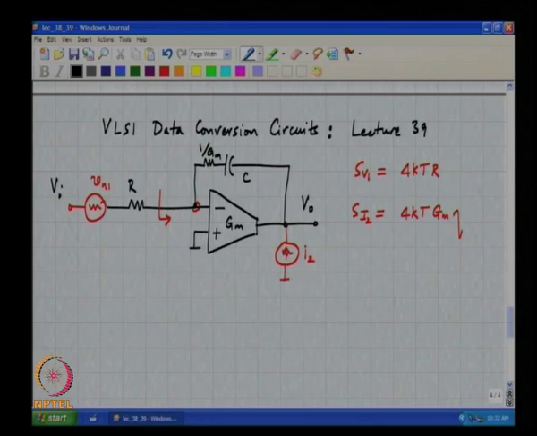You will apply a voltage and find the current. So, if you apply a test voltage here, what is the current that flows like this? Gm times V test. So, the input impedance is 1 by Gm, correct. What would be the exact voltage here?